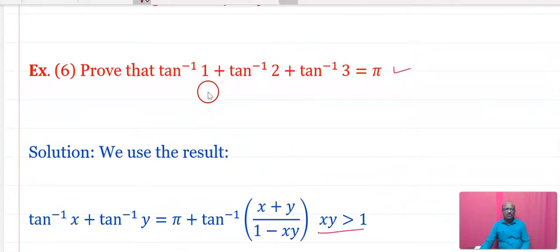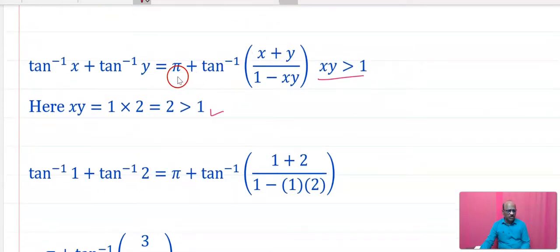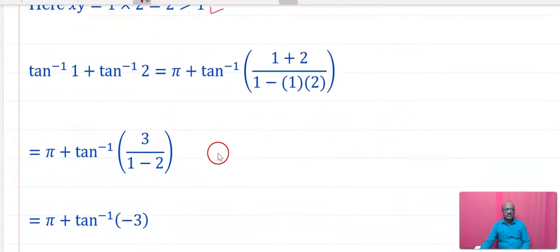Now here 1 and 2 are two numbers such that their product is greater than 1, and that's why tan inverse of 1 plus tan inverse of 2 is equal to, applying this formula, pi plus tan inverse of 1 plus 2 upon 1 minus 1 into 2. If you simplify this, you will get pi plus tan inverse of 3 upon 1 minus 2. 1 minus 2 is minus 1, and overall you will get minus 3.